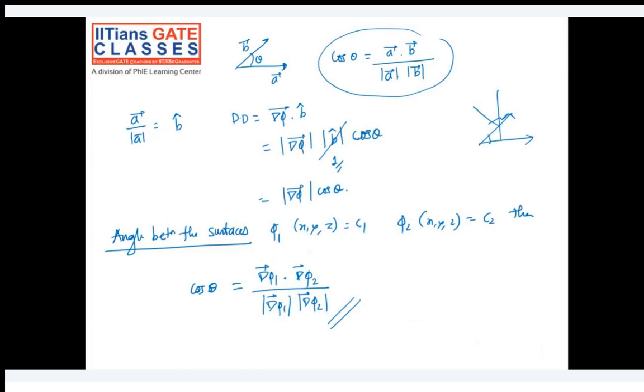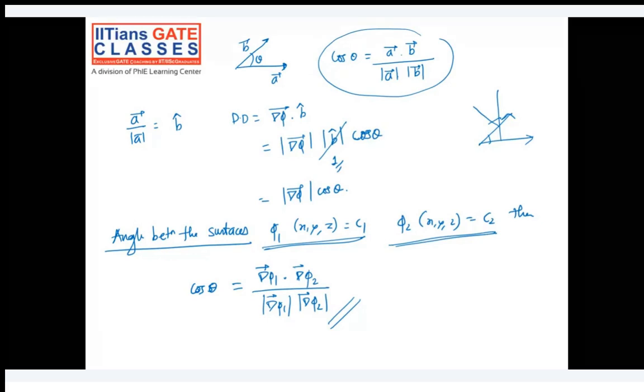These are the two surfaces. Then the cos of the angle between them is del phi1 dot del phi2 divided by mod of del phi1 times mod of del phi2. This is how you will calculate the angle between the two surfaces.